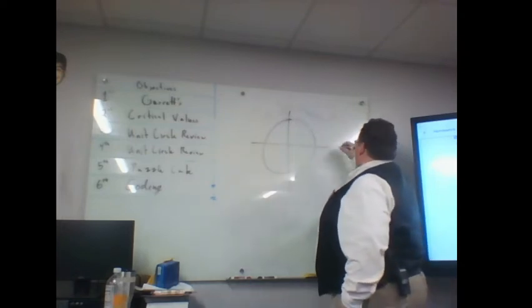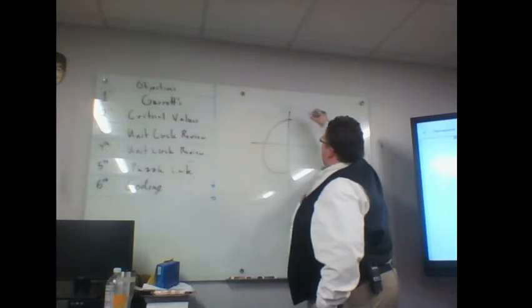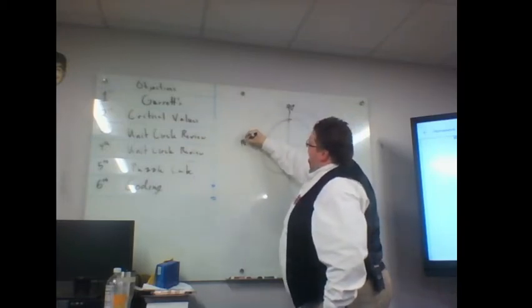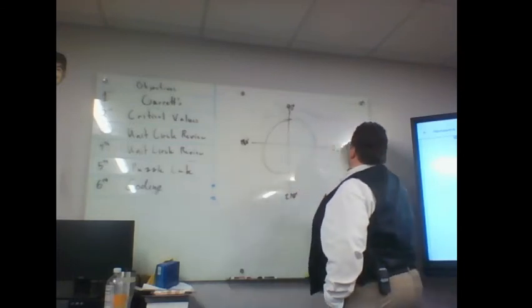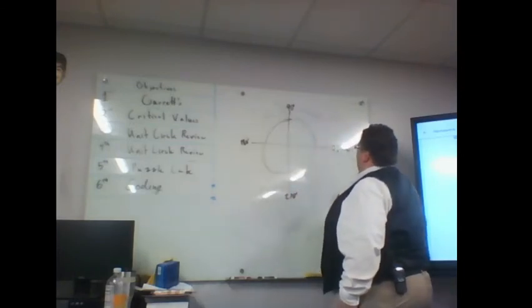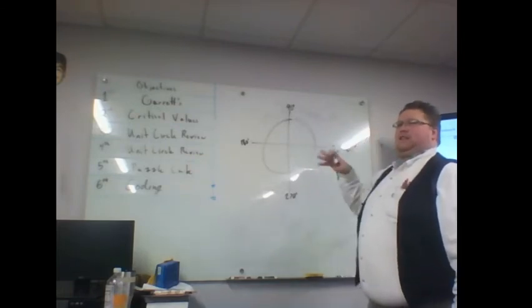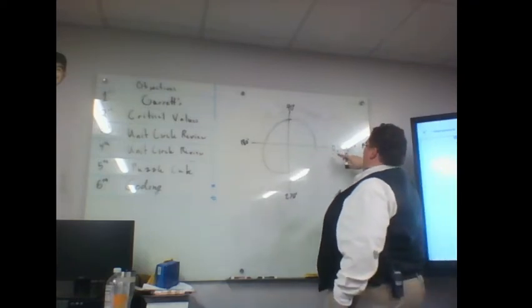Okay, so this is in degrees, so I'm going to make my unit circle in degrees. 0 degrees, 90 degrees, 180 degrees, 270 degrees, 360 degrees. Remember, I can keep going, because the degrees keep increasing or keep decreasing depending on which direction I'm going in. So this is 0, but it's also 360.